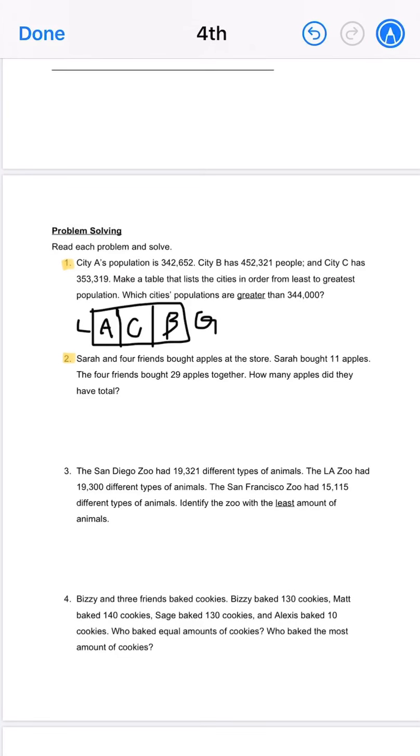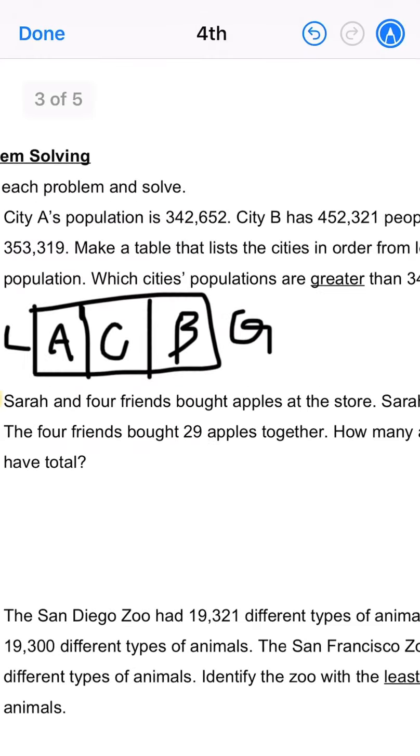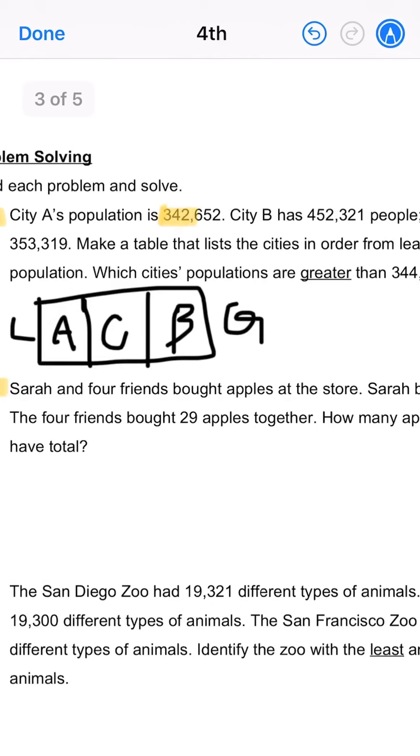So, which cities' population are greater than 344,000? We're going to look at all of the numbers and choose the ones that are greater than 344,000. We can see that 342,652 is greater, and oops, sorry about that.